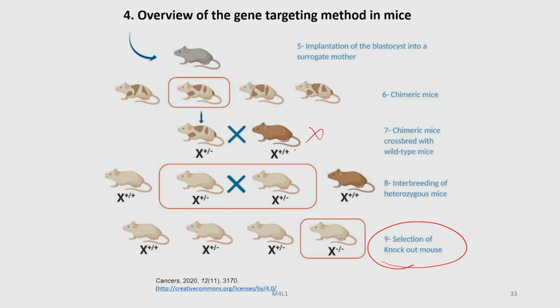Then crossing with wild type, and then inbreeding of the heterozygous strains obtained, and finally we get a mice population in which that particular gene X will not be available or will not be functional, and this is the knockout mice with respect to the gene X.